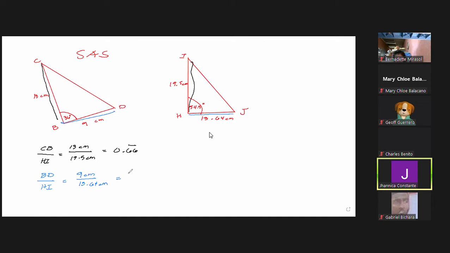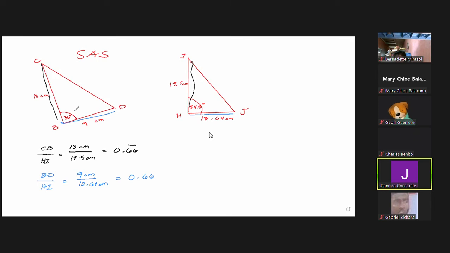So 9 divided by 13.64 is equal to 0.66. So we have the same ratio for the sides of our triangle.